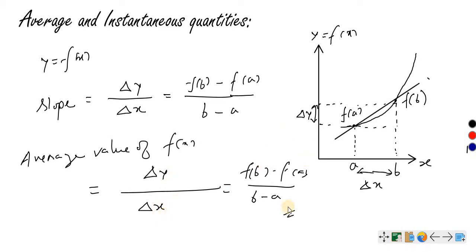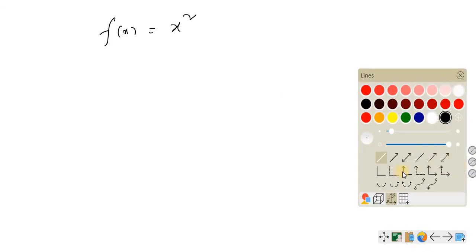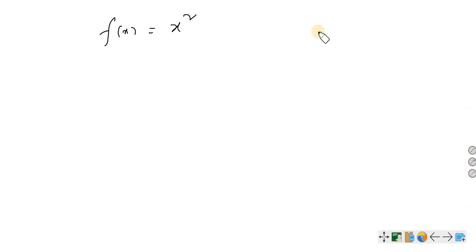Now let me take a real function. Say I'm taking f of x equal to x square. For this we know our graph will be a hyperbola, sorry, it's a parabola.